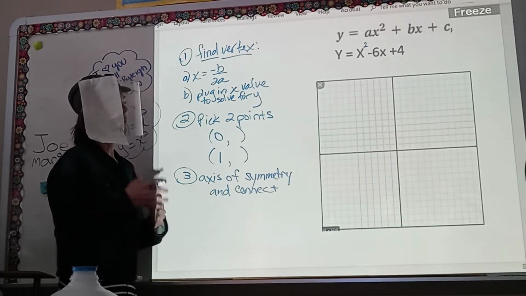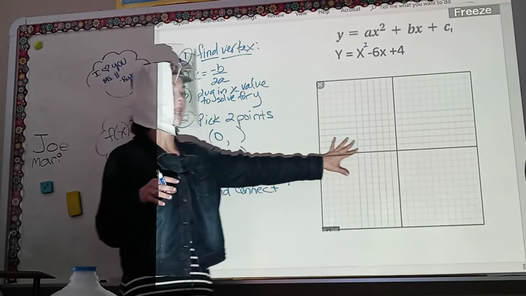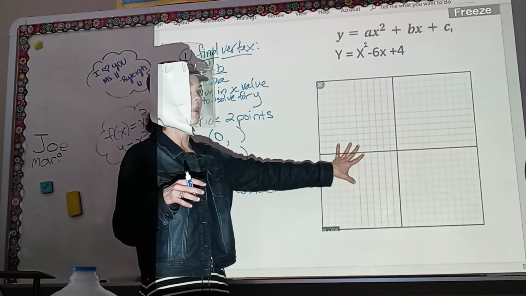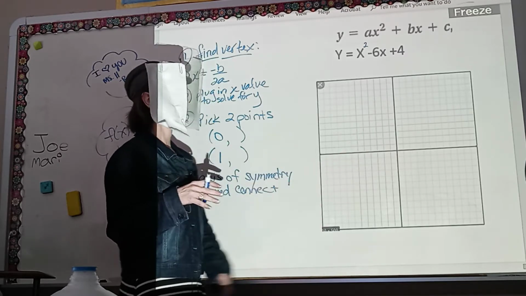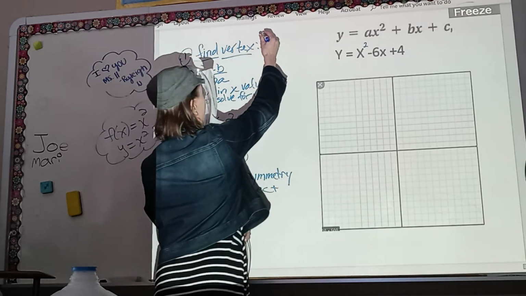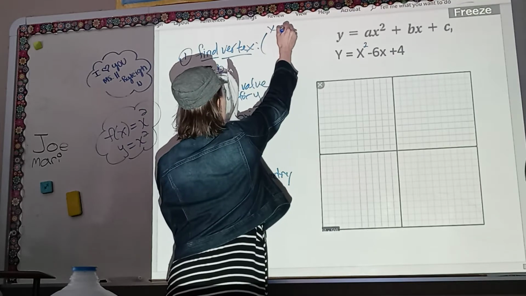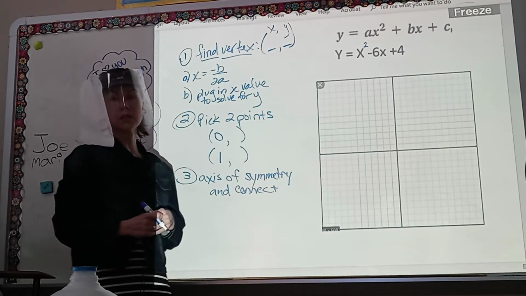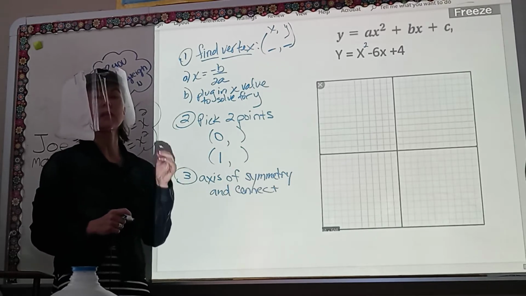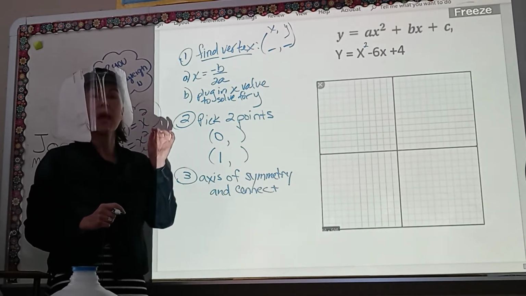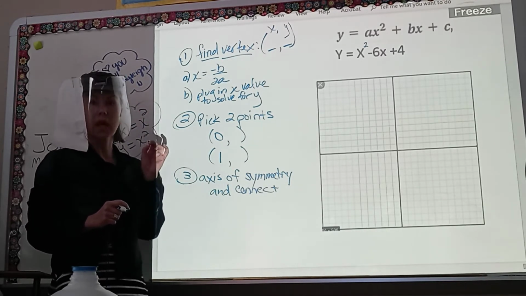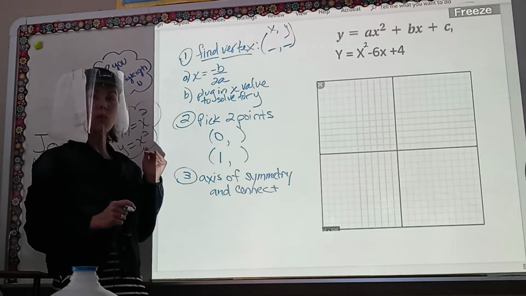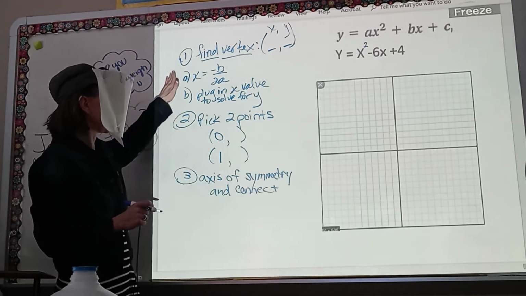You know that each point on the coordinate plane has an ordered pair of x and y, so we have to find the x and y of the vertex, the highest or lowest point of the parabola, by doing these 2 steps.